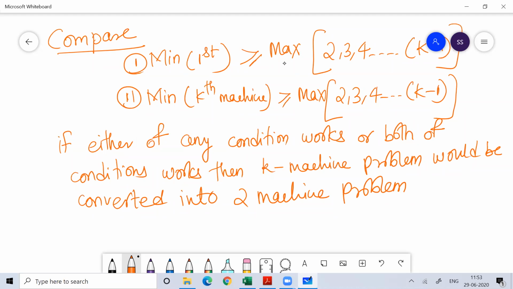So if either of the conditions works or both of the conditions work, then only will you convert the k machine problem into a two machine problem.